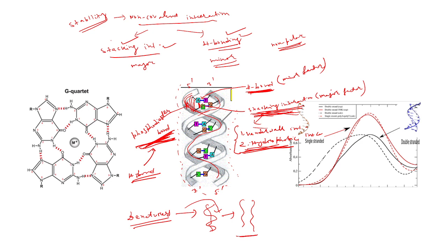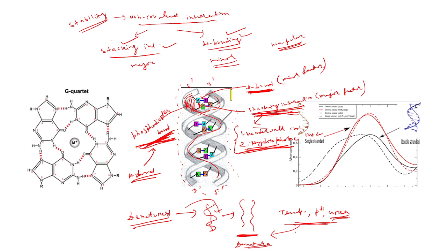This is called the denatured structure. How does denaturation occur? Either by temperature, change in pH, or some chemical, for example urea. They denature the structure of the double stranded DNA.